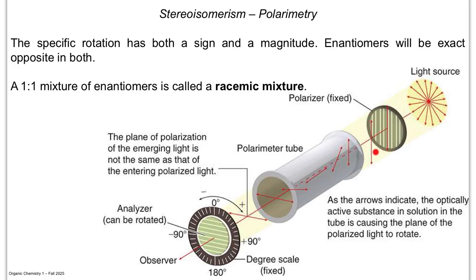And then as you can see with that up-down arrow, when it moves through here, you see how it starts to tilt. At the other end is this dial or analyzer where you can measure the magnitude and direction of which that light tilted based on its interaction with that sample inside.